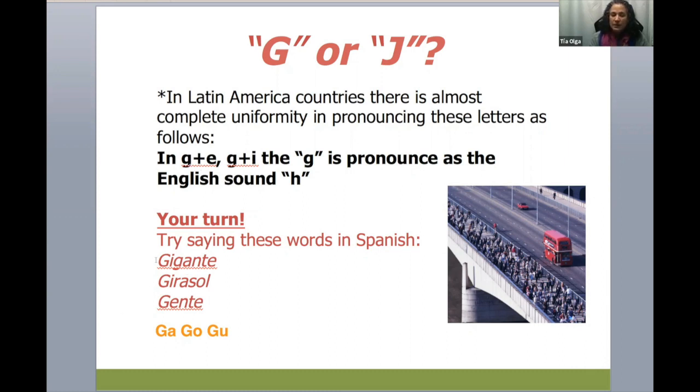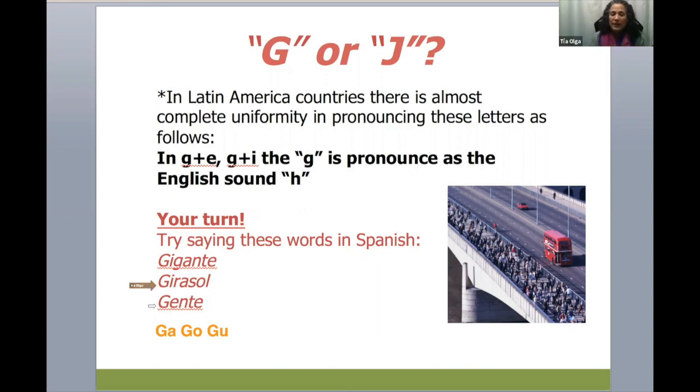You can see this one: gi-gan-te. If you see, we also pronounce all the vowels. Gigante. This one is gi-ra-sol, girasol.